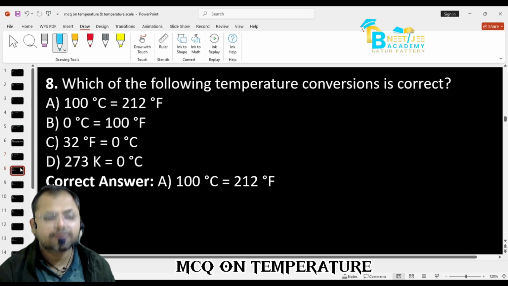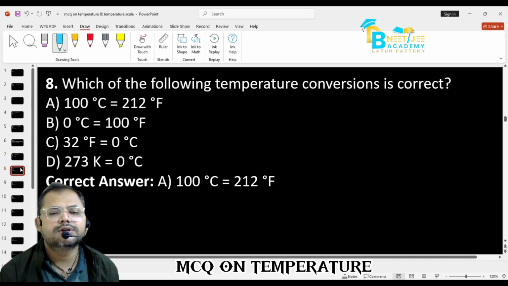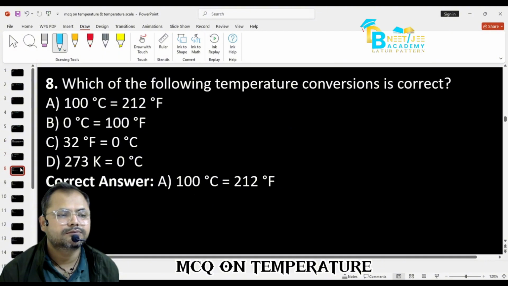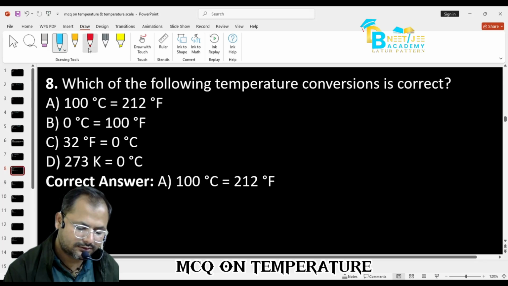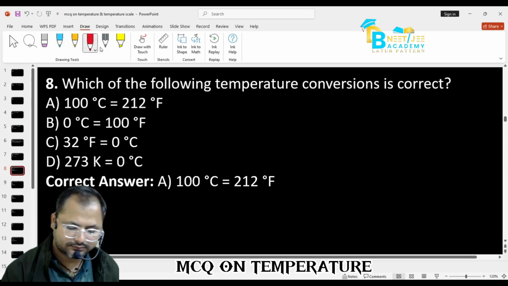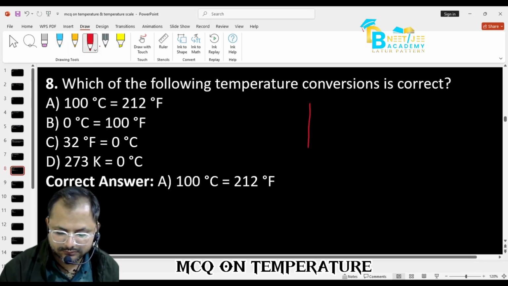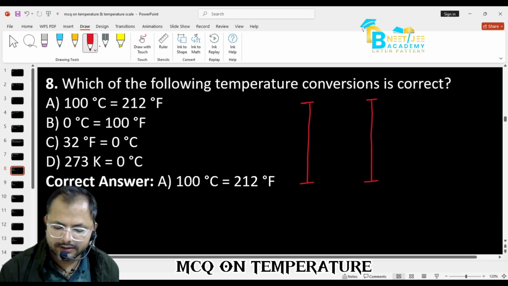Next question, which of the following temperature conversions is correct? So we have to see some scales. This is the Celsius scale, this is the Fahrenheit scale, and this is the Kelvin scale.